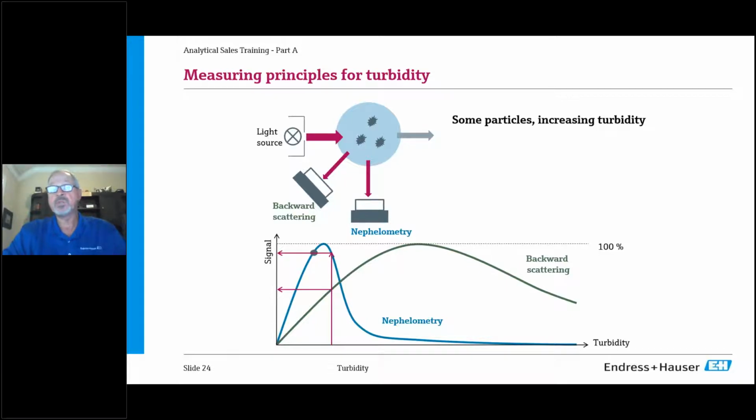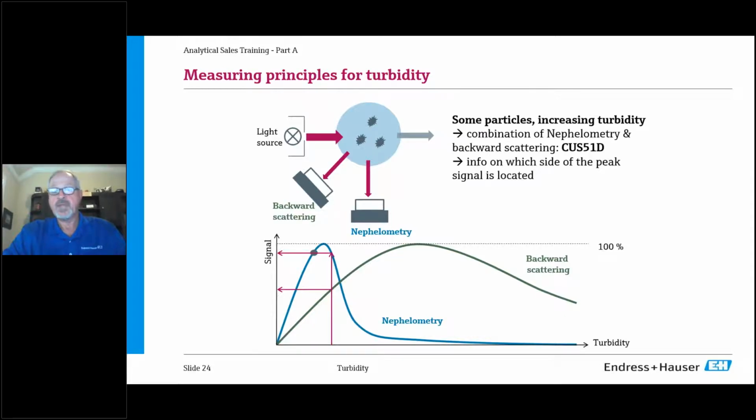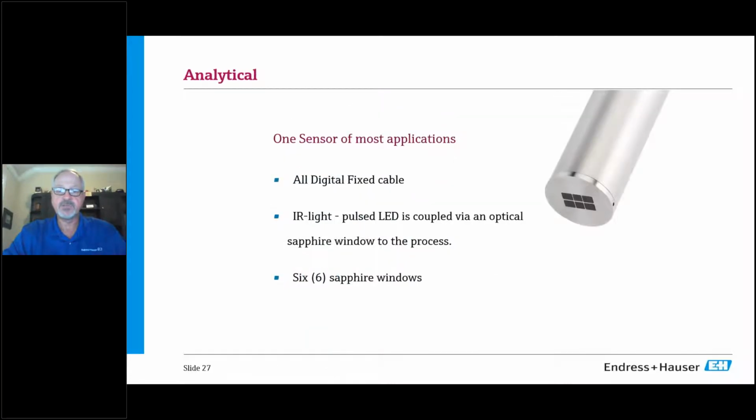At that point, we don't know which side of the peak we're on until we go back and look at the backscatter sensor, and it gives us a much more indicative measurement point for turbidity. So when we have a much higher turbidity solution, that's when we'll use the CUS51D with the backscatter sensor.